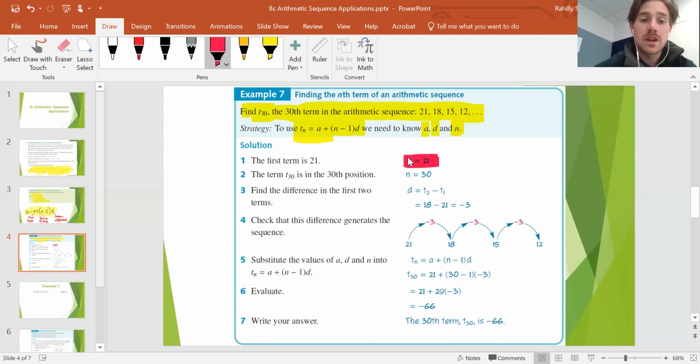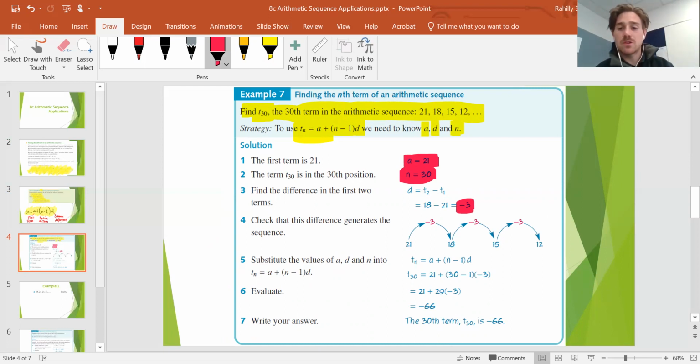The number we're being asked to find is the 30th term, so n is 30. And then we need to work out our common difference to find d. To do that, you go term 2 take away term 1. 18 take away 21 is -3. So our d is -3.